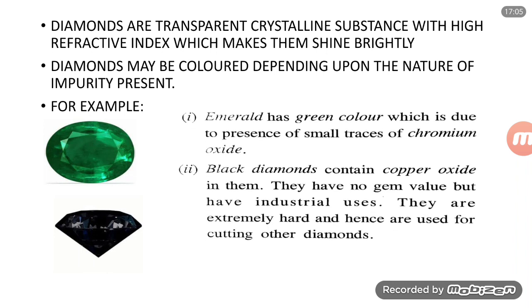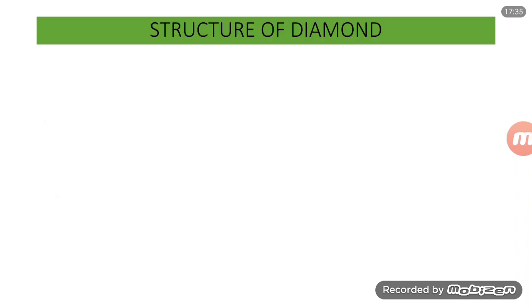Emerald diamonds will have a green color, and this green color is due to impurities in the form of chromium oxide. Black diamonds contain copper oxide. This is the reason why black diamonds appear black in color. Black diamonds will not have any gem value, but they have industrial use. Since they are very hard, they are used as cutters for cutting other diamonds.